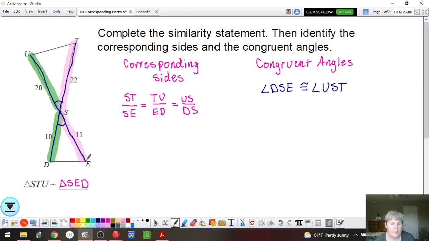For the other angles, because they aren't sharing their vertices, we can just say angle T is going to be congruent to angle E, and that angle U is going to be congruent to angle D. So T and E are both the second letter, U and D are both the third letter. So that is completing the similarity statement, identifying corresponding sides, and identifying congruent angles.